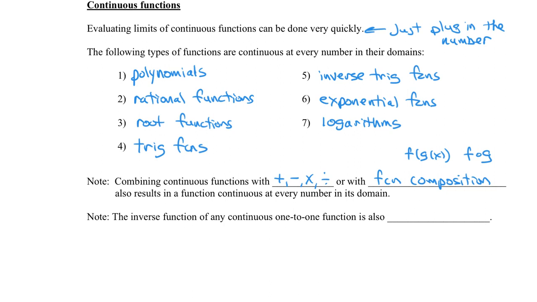So we can take these functions up here and combine them in ordinary ways in function composition or with mathematical operations, and still we get a function continuous at every number in its domain. Then there's a note here. The inverse function of any continuous one-to-one function is also continuous.